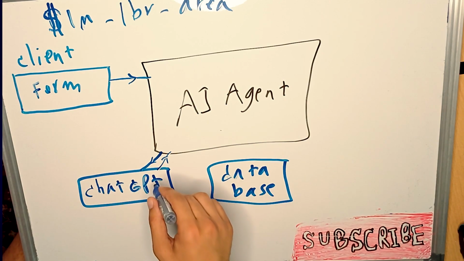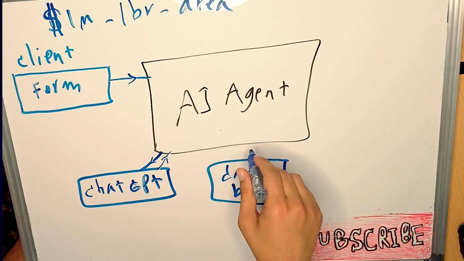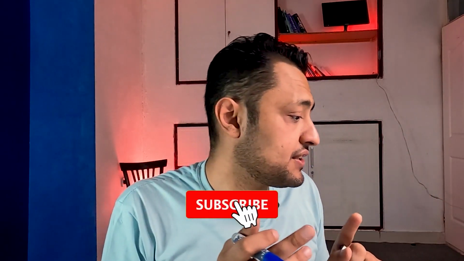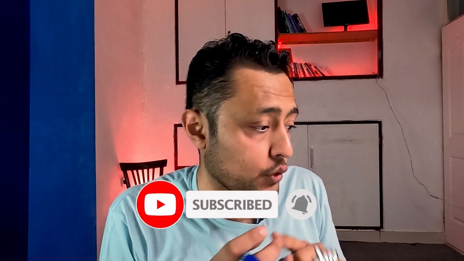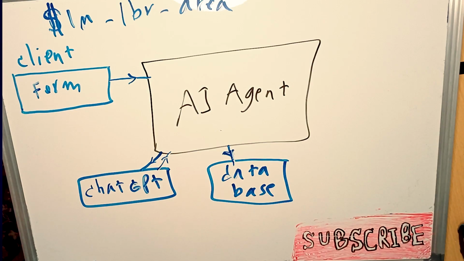Then, when ChatGPT decides what the client exactly wants, the AI agent sends a request to your database to gather all proper houses, all proper options that you have that match your client's request. Like, for example, $1 million, one bedroom apartment in Florida, in a specific area of Florida, specific neighborhood, Florida or Texas or wherever.